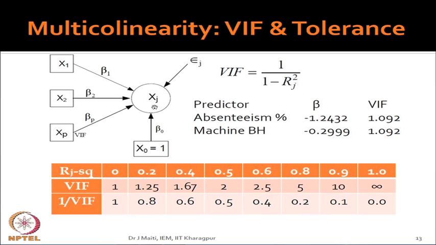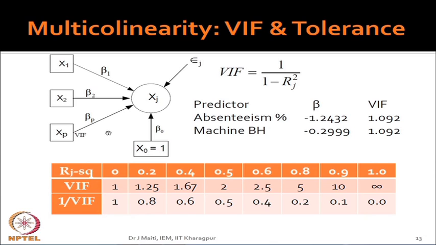We are not considering y here, we are considering only the independent variables. Then we take one of the independent variables as the dependent variable and all other independent variables as influencing that variable. So xj is now affected by x1, x2, up to xp.